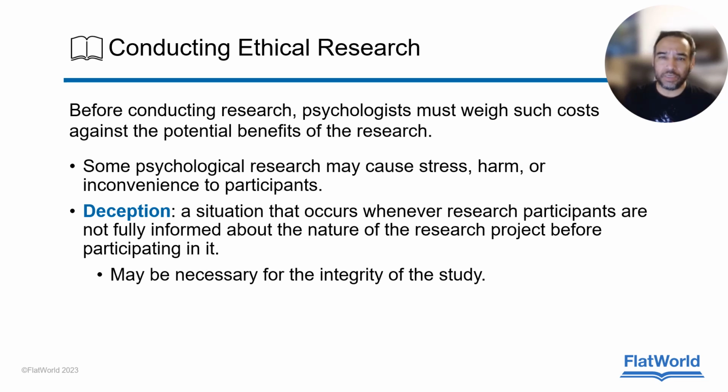This might be needed in some cases to get accurate results. I mentioned this with the Stanley Milgram experiment and how it was considered unethical, but I also mentioned that it would be very difficult for him to have gotten his results without using the protocols, which he did.